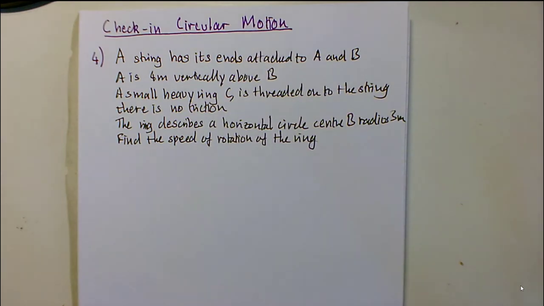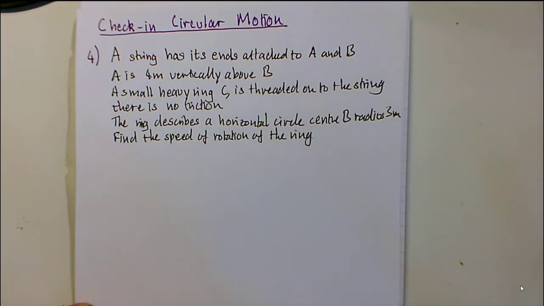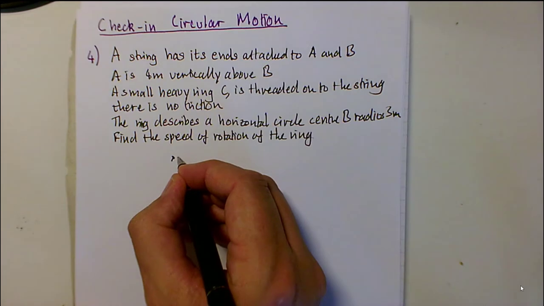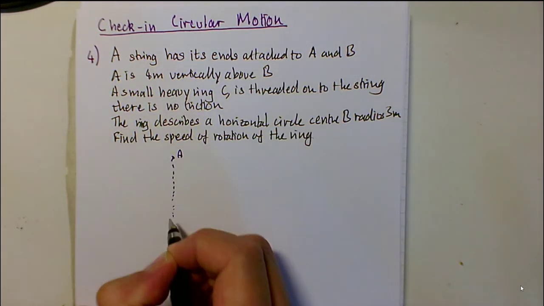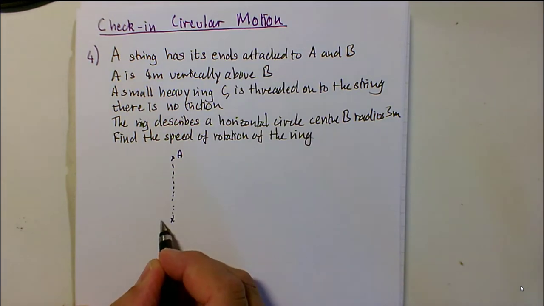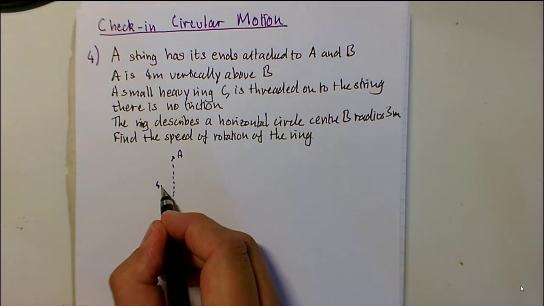Now, if I draw this really carefully, here is what I get. There's A. There is B. That distance there is 4 meters.